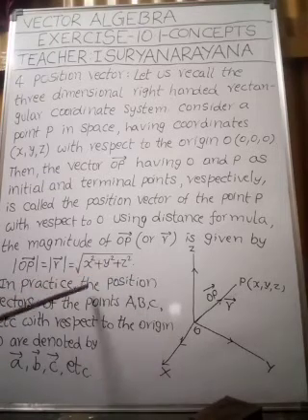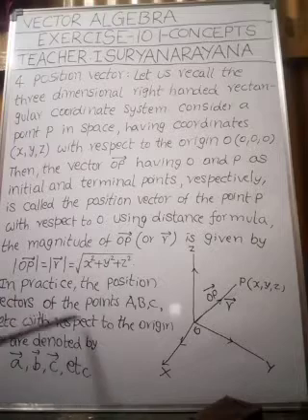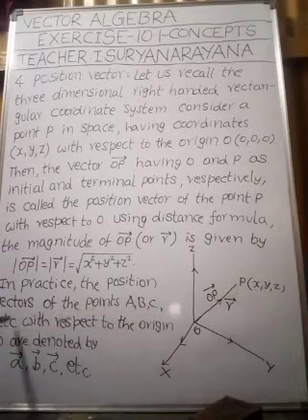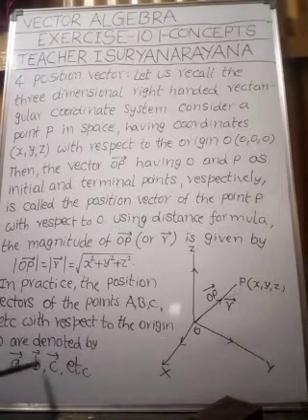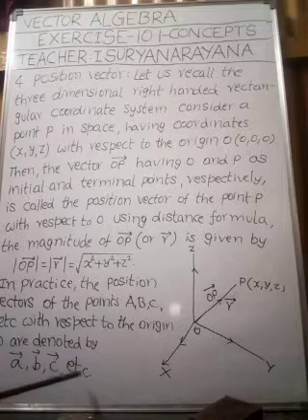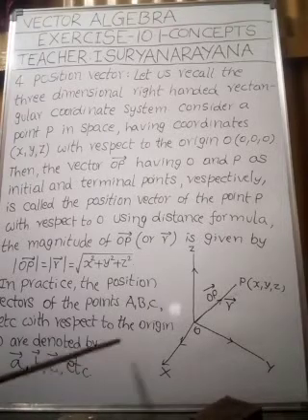In practice, the position vectors of the points A, B, C, etc. with respect to the origin O are denoted by A bar, B bar, C bar, etc. Understood this point, my children?